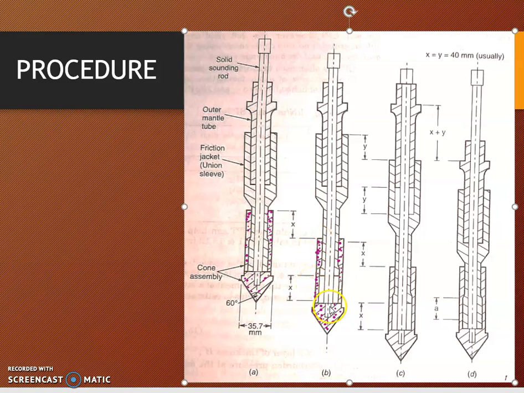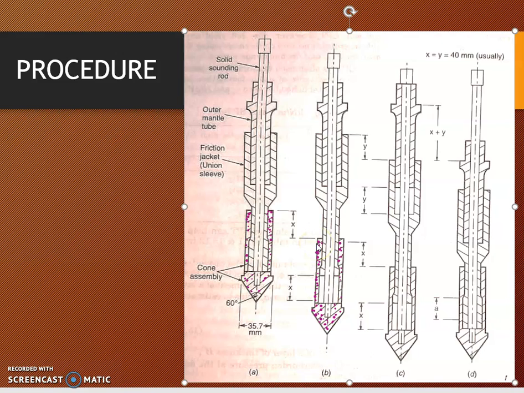The rate of movement is around 20 mm per second, till the collar engages the cone, while the friction jacket or sleeve remains stationary. Till this cone gets fixed inside the soil, this movement will go at the rate of 20 mm per second. The force is applied hydraulically and the reaction is usually provided by means of screw anchors in the ground.